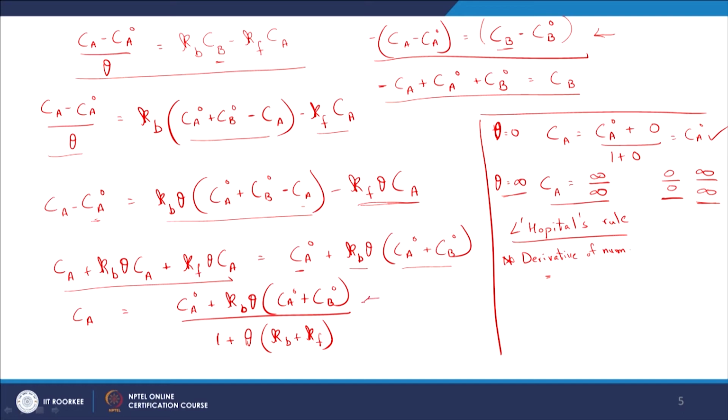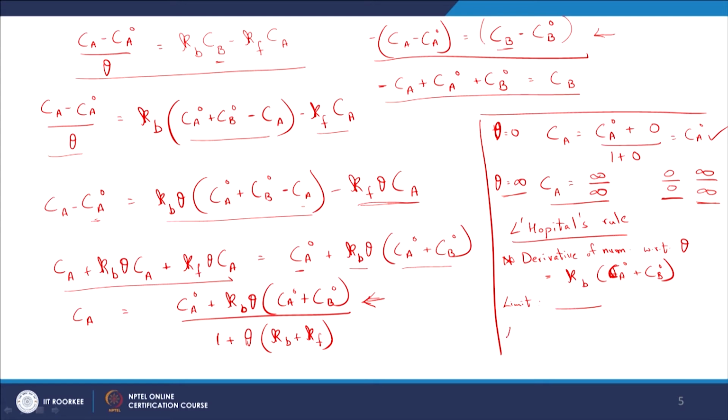So the derivative with respect to theta will leave us with KB into CA naught plus CB naught, and that is the same case here as we apply theta equal to infinity.